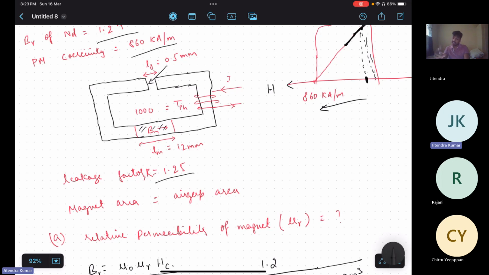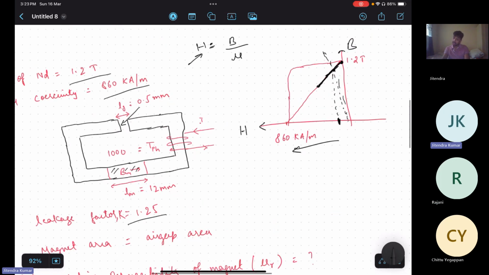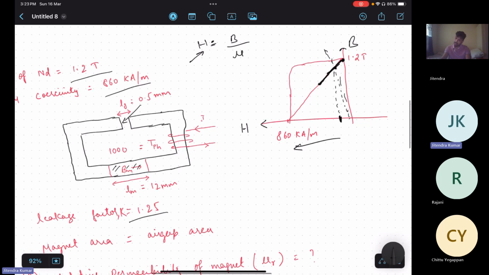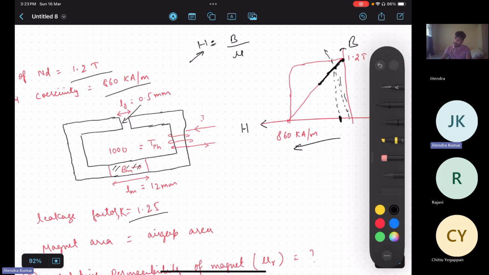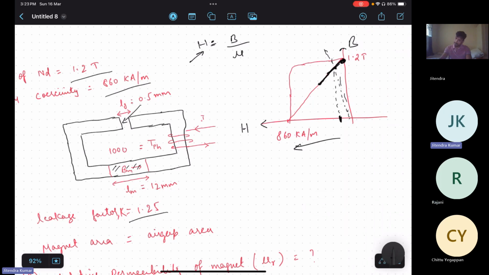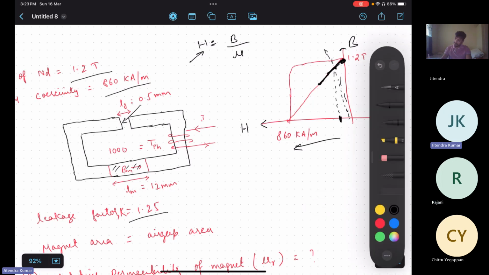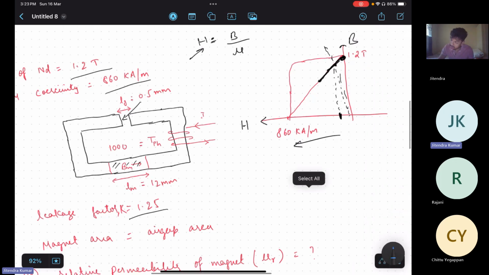So that's why this B will now shift from this point to this point.